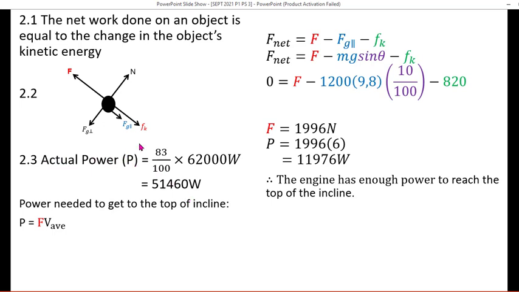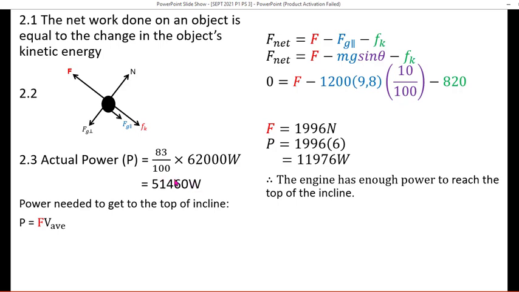We are told that the engine is only 83% effective, which is 83% of the total power of the engine, which is 62,000 watts or 62 kilowatts, and that gives us 51,460 watts, which means this engine can actually provide a maximum effective power of 51,460 watts based on the information that we have. The remaining 17% is wasted.